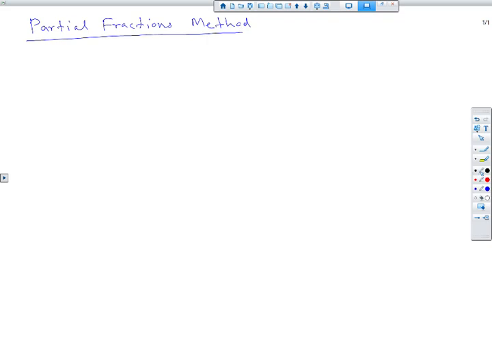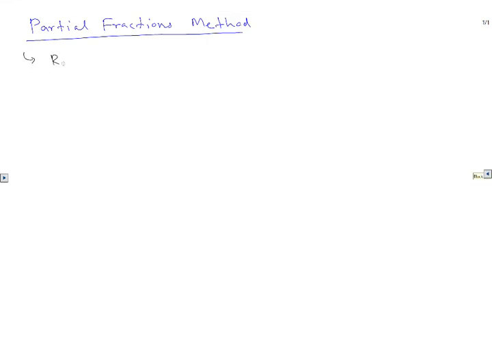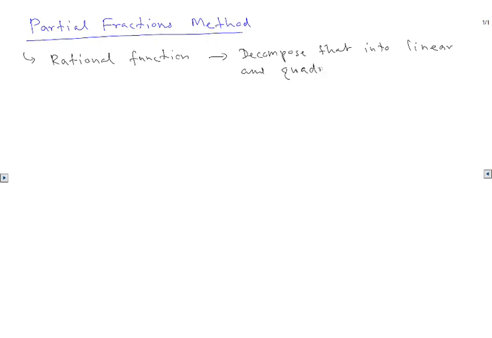So what we do is we have a rational function to start with. We can decompose that into linear and quadratic denominators.